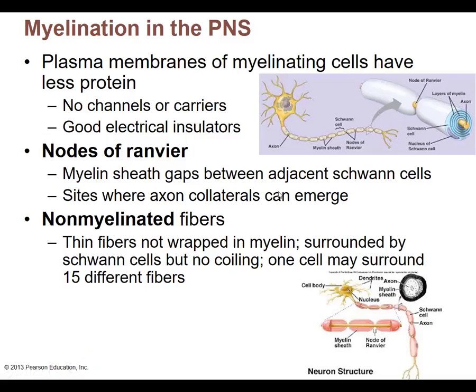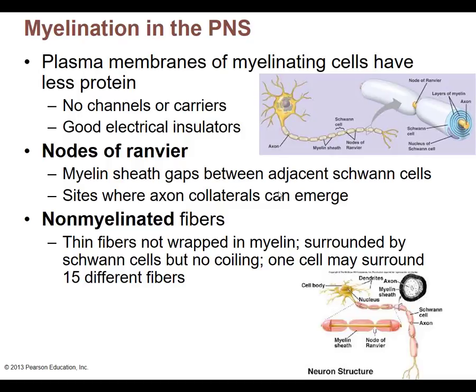Now, the plasma membrane of myelinated cells has less protein. Again, we don't want a lot of protein, mostly because many of the proteins on a plasma membrane are protein channels or protein carriers, moving stuff in and out. And sometimes it just happens by passive transport. Things just go across, and we don't want them to just go across.